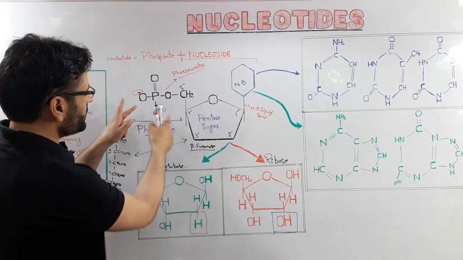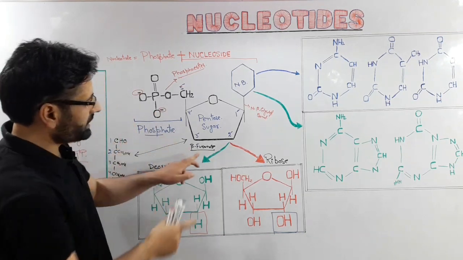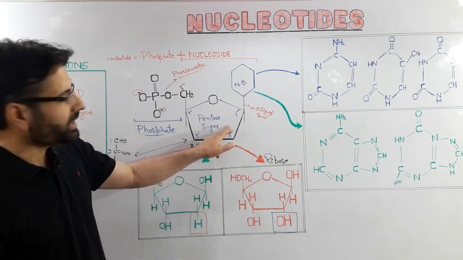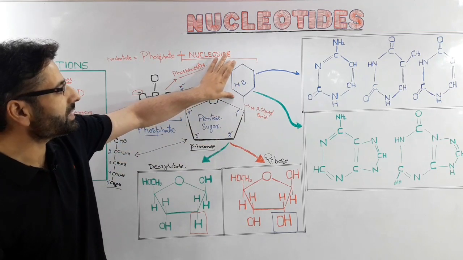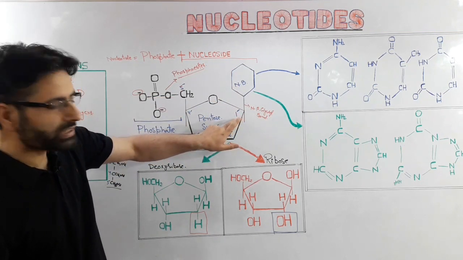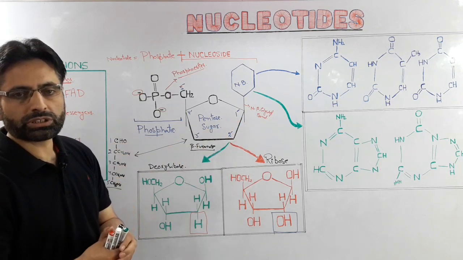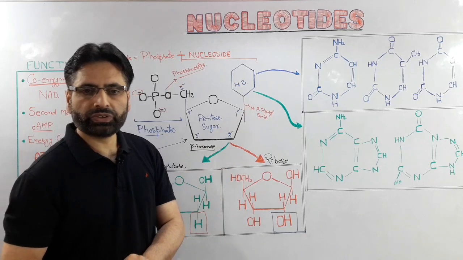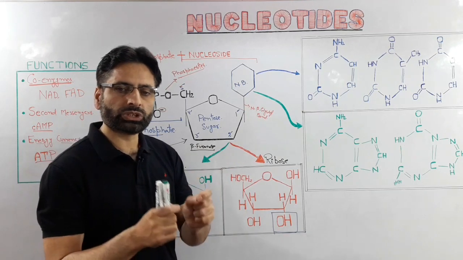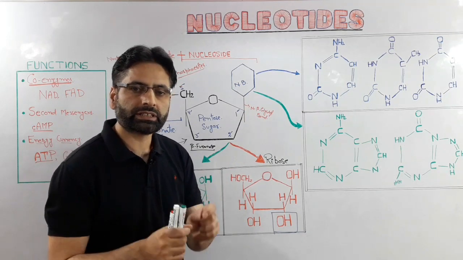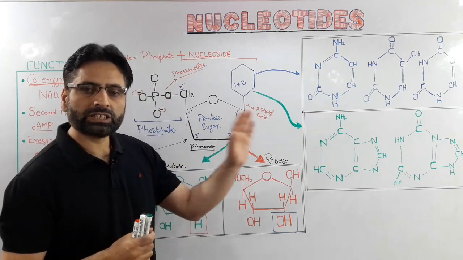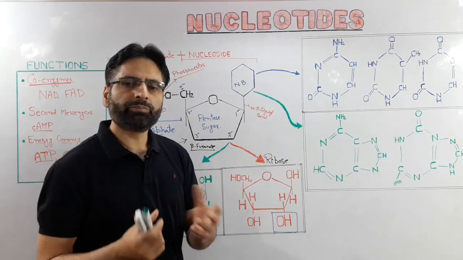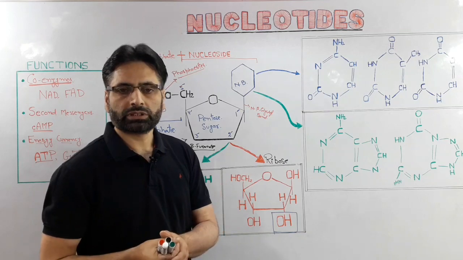So these components are the phosphate group and the pentose sugar. Now here we have this nitrogen base attached with the first carbon of this pentose sugar. So far as the nitrogen bases are concerned, we have 5 most common nitrogen bases present in the nucleotide, and these 5 nitrogen bases are of 2 types.